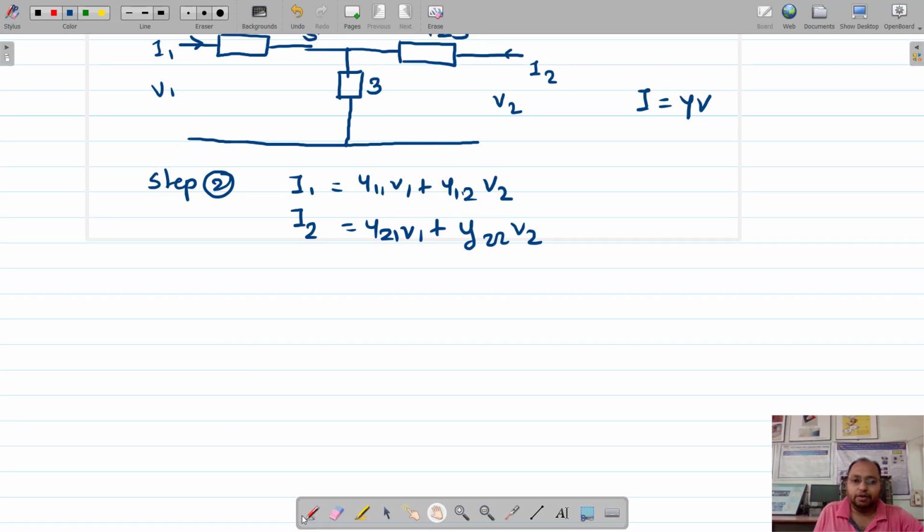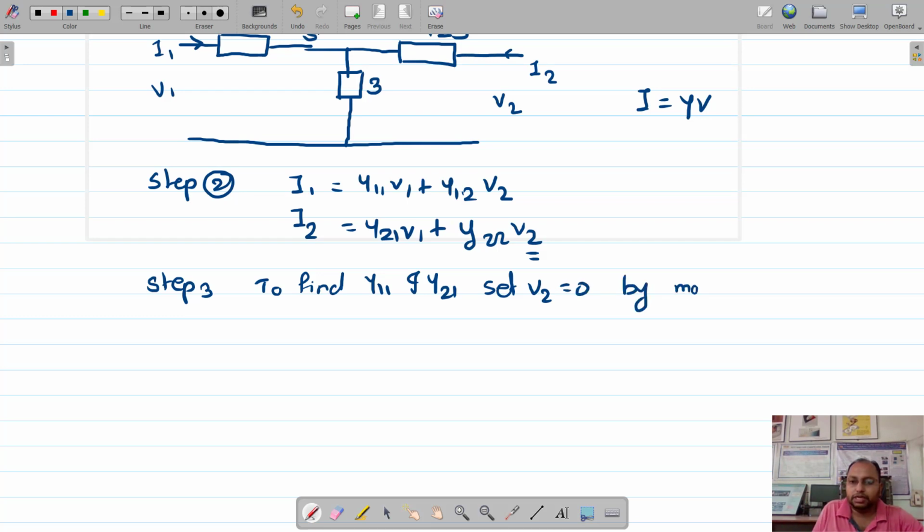Step number 3 is to find the first two parameters, that is y11 and y21. What we need to do is set v2 equal to 0 by making a short circuit.